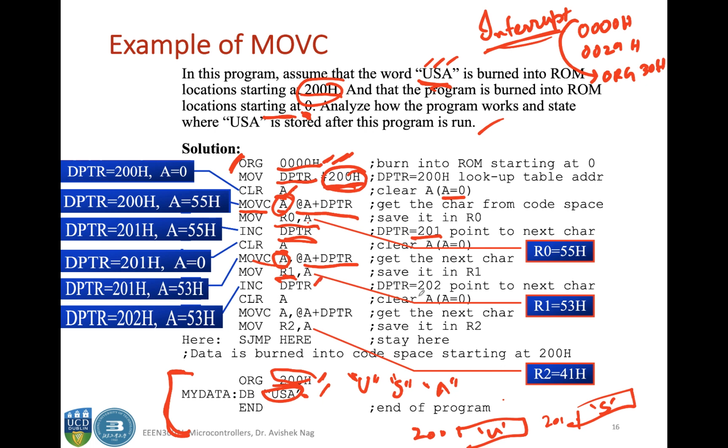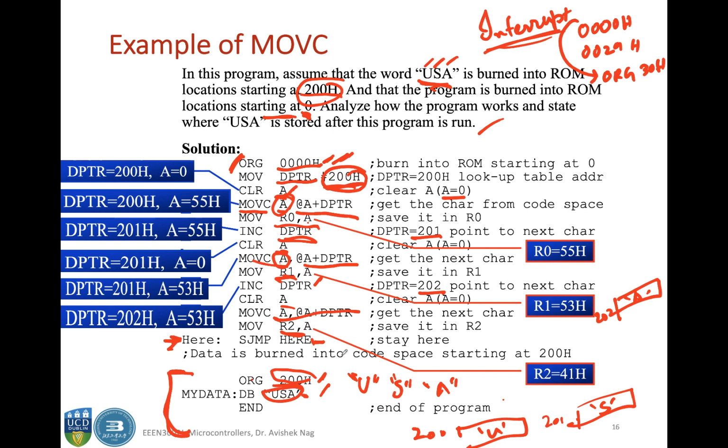You again increment the DPTR to point to 202, clear the accumulator, and then perform this operation again to bring whatever is there in the 202 memory location, and in 202 you basically have A. So that will be moved to the accumulator at this line, and then that is saved in R2, and then you keep repeating this line, which means that you stay in this line. So this is how you are basically using MOVC to bring data from some location in the memory.